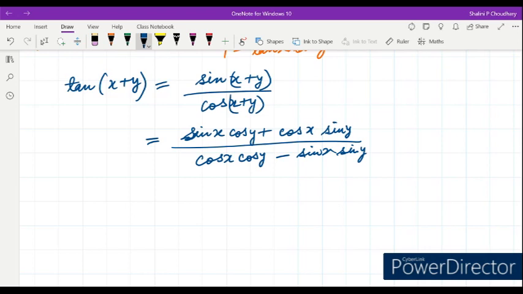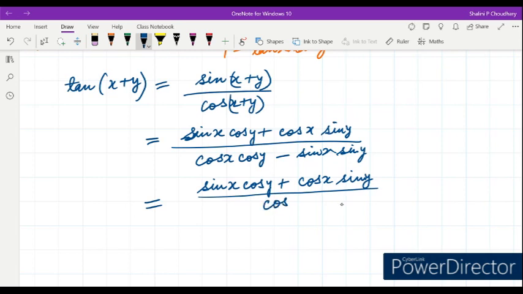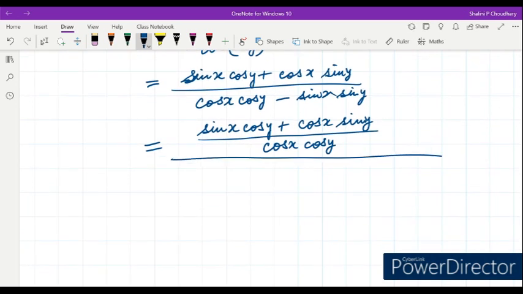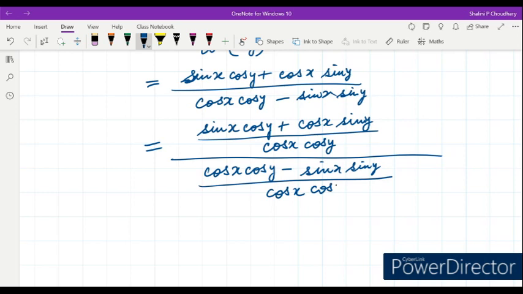Okay, now what we will do, numerator and denominator both we will divide by cos x cos y. So it will be sin x cos y plus cos x sin y, okay, divided by cos x cos y. Okay, similarly in denominator also we will divide by cos x cos y. Okay, so it is sin y divided by cos x cos y.